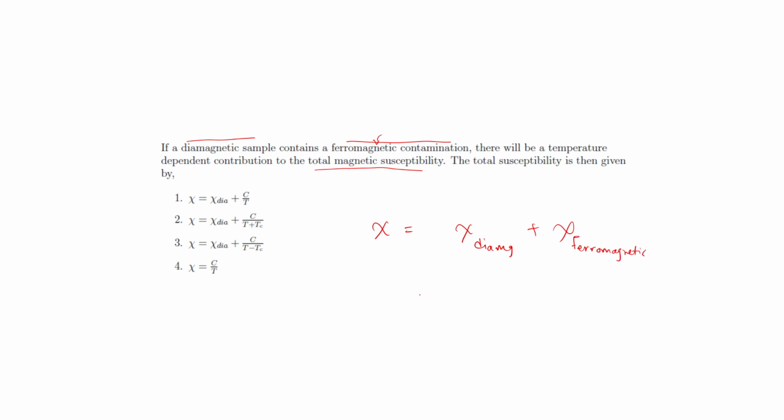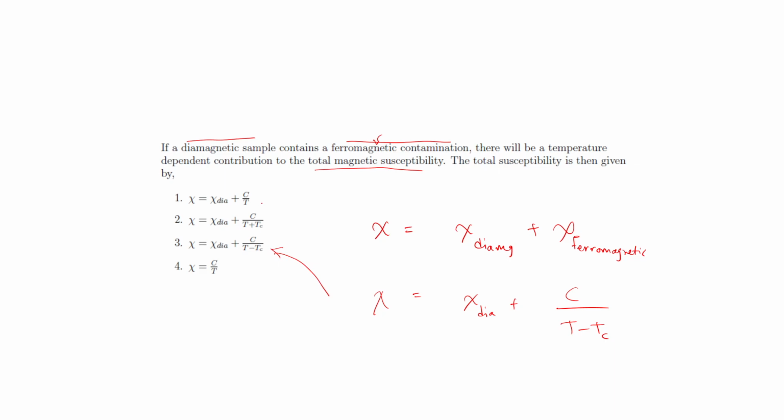So there will be some diamagnetic part, it is given by this, and we know that the ferromagnetic susceptibility is given by this, T minus Tc. Okay, so this is what we get for a ferromagnetic material. So the total susceptibility is nothing but just the sum of these. It is just straightforward.